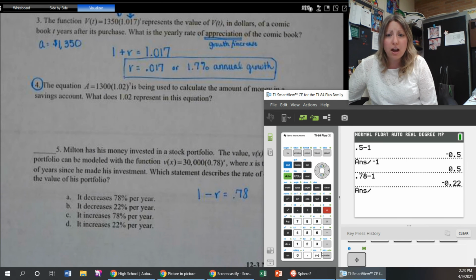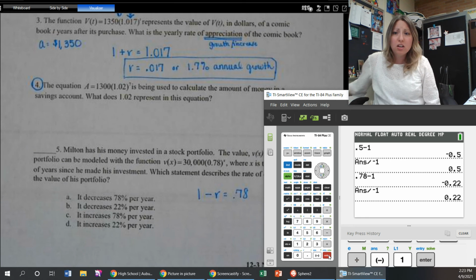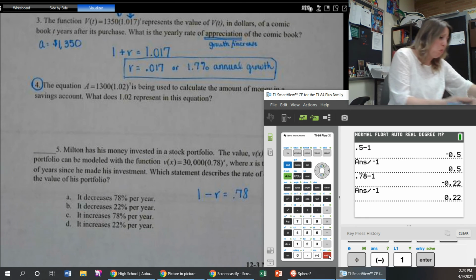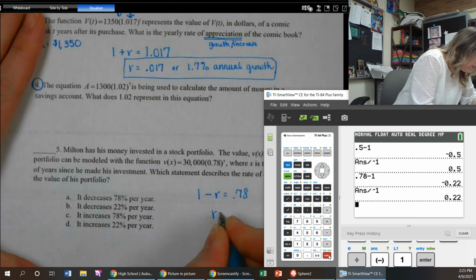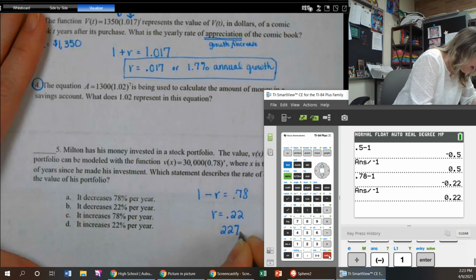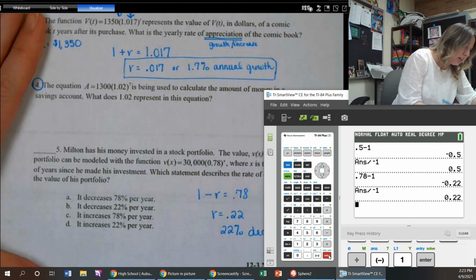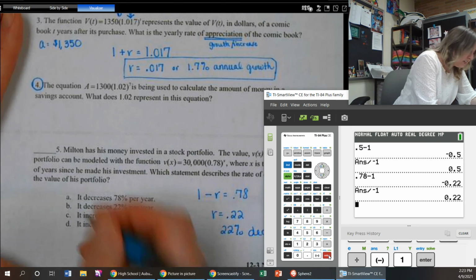And so if you divide that by negative 1 to get r as positive, you got 0.22, or 22% decrease annually. Yikes.